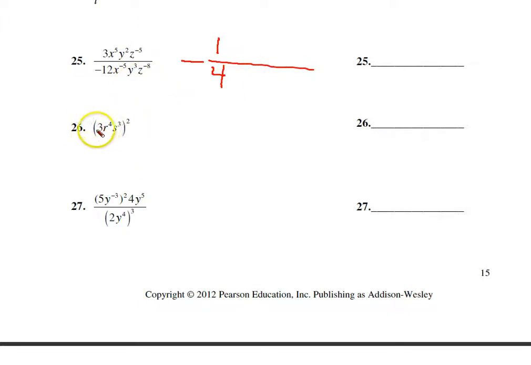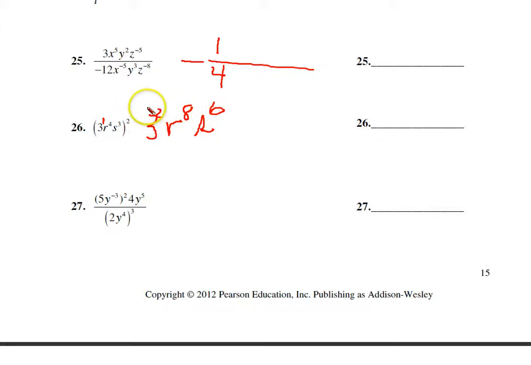Here, now this is raising a power to a power. So we're going to multiply exponents here. So this is going to become 3 to the 2nd as we multiply the 1 that's by the 3 times 2. And this is going to be r, 4 times 2 is 8. This is s to the 3rd, and that becomes a 6.